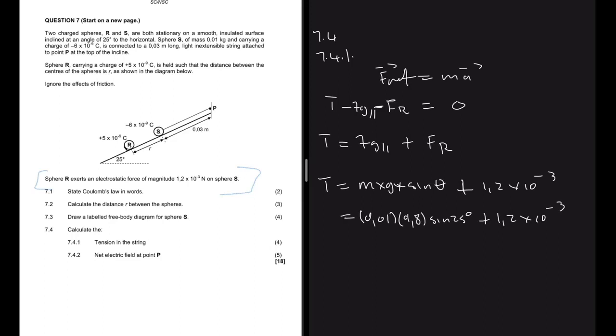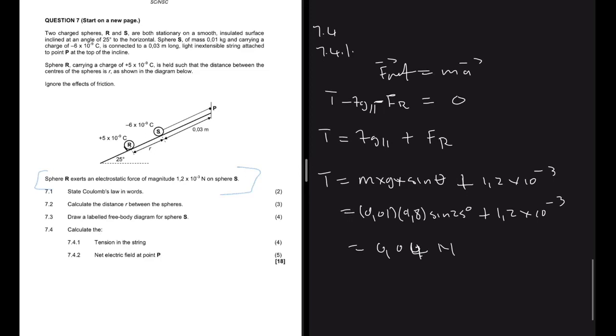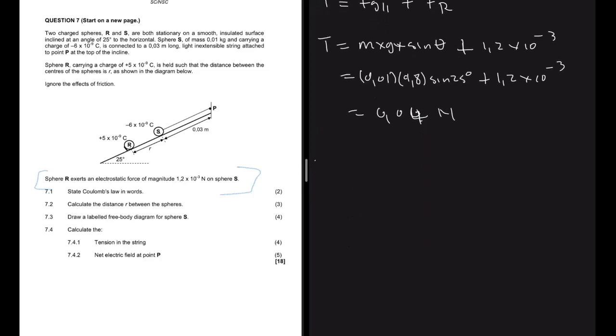So let me go ahead and put that in my calculator real quick. 0.01 multiplied by 9.8 sine of 25 plus 1.2 times 10 to the minus 3. That gives me 0.042, so that will just be 0.04 newtons. So that's the tension between sphere S and point P.